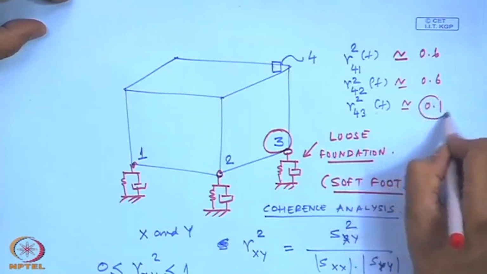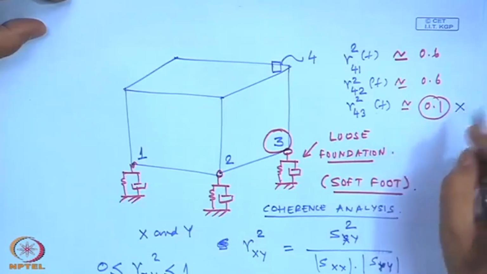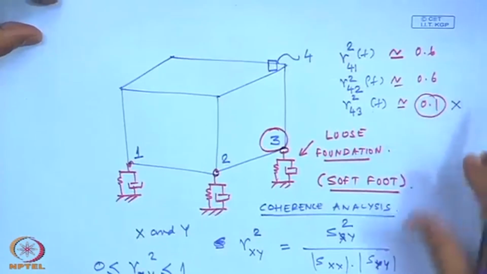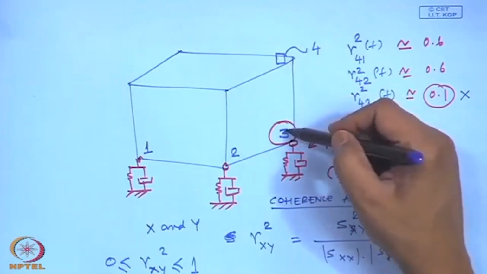So, this gives us an indication that something is wrong with this machine, this foot, and it is not producing a coherent signal at 3; the signal at 4 is not because of 3.